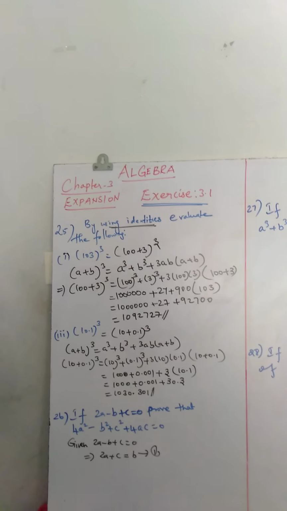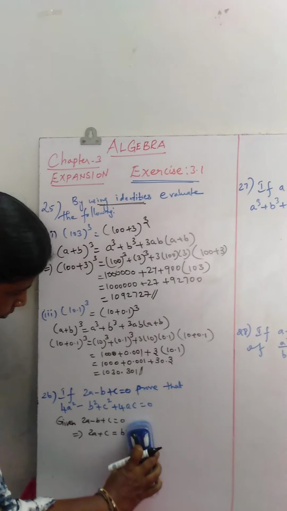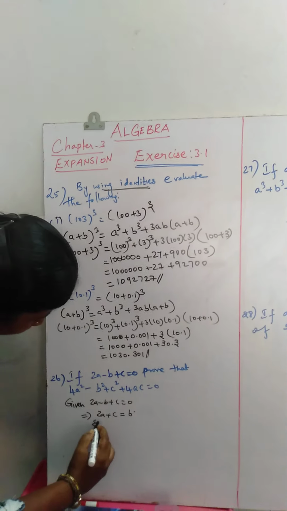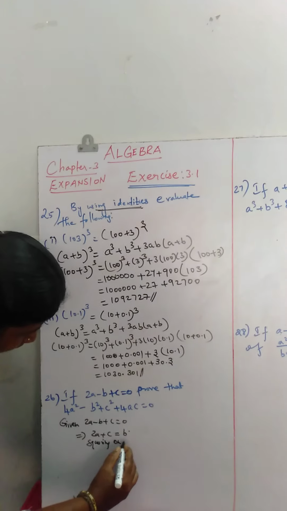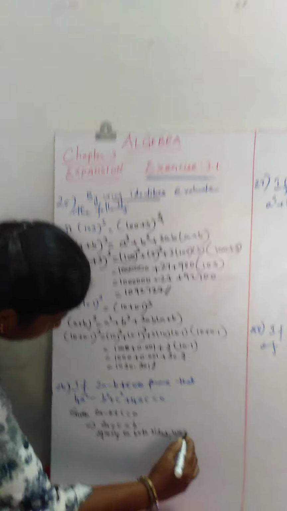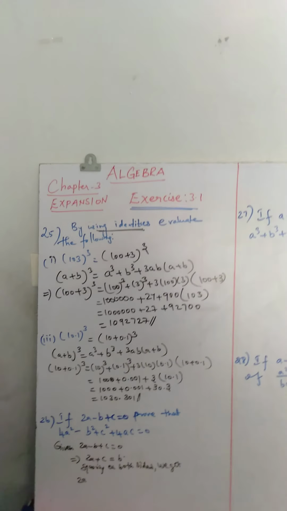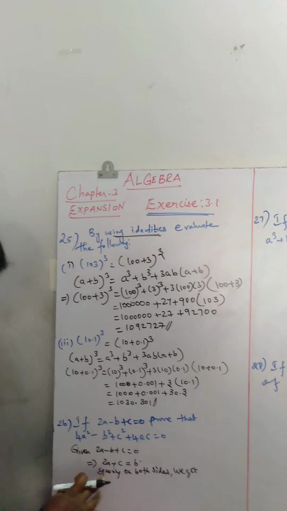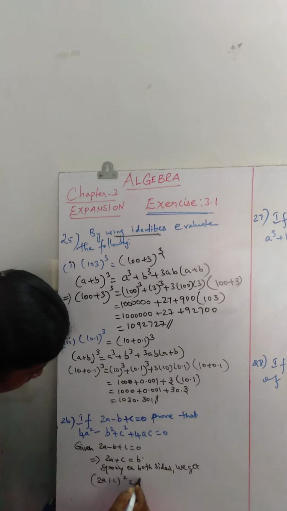So then what we are going to do here is, no need to assume here, we can square on both sides. Since it is squared, squaring on both sides we get (2a + c) the whole square equals b square.